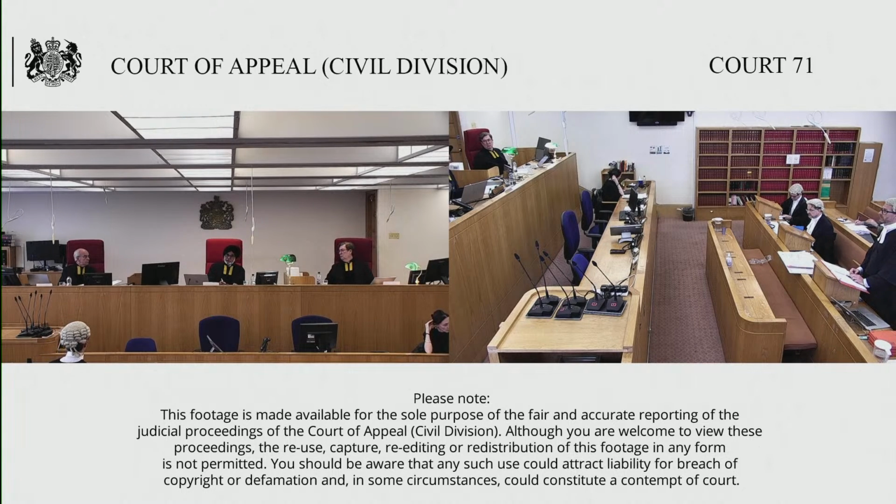It's in express terms, Article 6.3c says, if he doesn't have sufficient means. So in other words, the state is perfectly entitled, in principle, to impose a means test for even criminal legal aid.